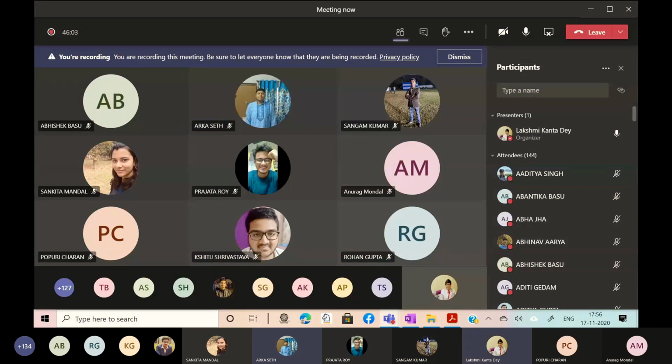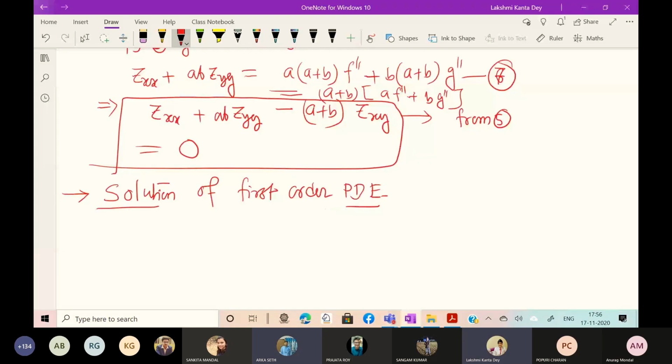Okay, no. Okay, let me tell. Then I think most of you definitely know what you mean by solution, but it is difficult for you to tell in terms of the definition.